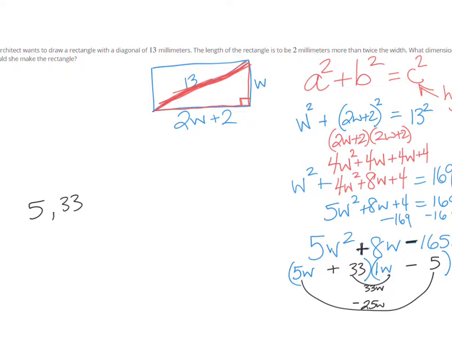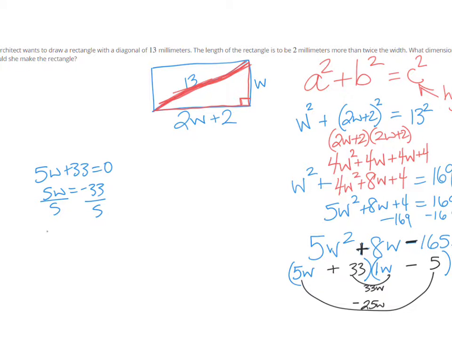So I have 5W plus 33 equals 0. I would subtract the 33 and divide by 5. This is not going to come out nice. Did they say that it had to come out nice?